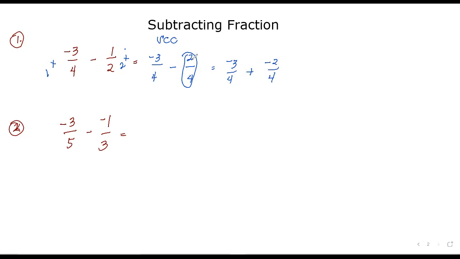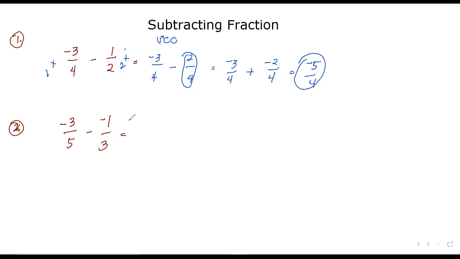This is positive, then change it to negative, so the answer is negative 2/4. Then after that, just add the numerators and copy the sign. Negative 3 plus negative 2, the answer is negative 5 over 4. So negative 5 over 4 is the final answer.